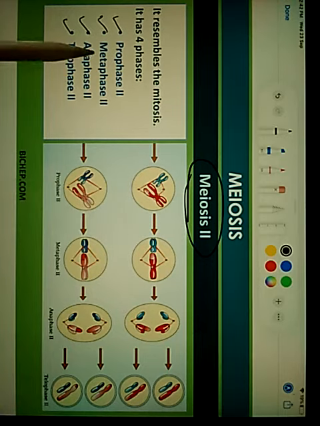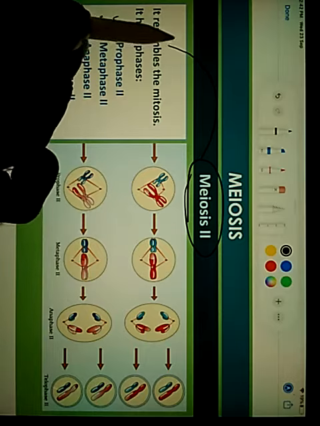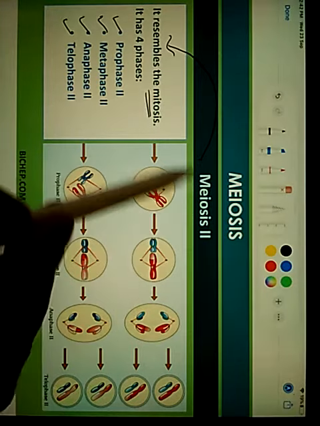That's why prophase II, metaphase II, anaphase II and telophase II. Let us definitely remember that meiosis II resembles mitosis. There is no change at all in any of the phases; both are similar.